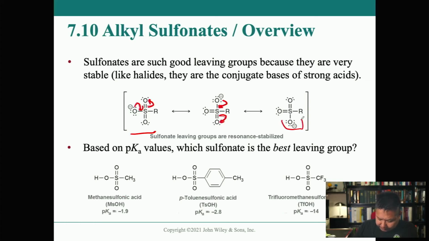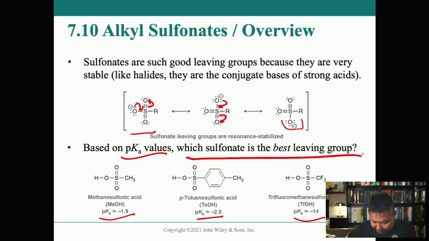And in addition to that, based on their pKa values, they're also very strong acids too, right? So which of the following sulfonates is the best leaving group? Probably the one that's the strongest acid, which is negative 14 pKa. That's stronger than sulfuric acid. Sulfuric acid was what again? Negative 9 pKa, right?